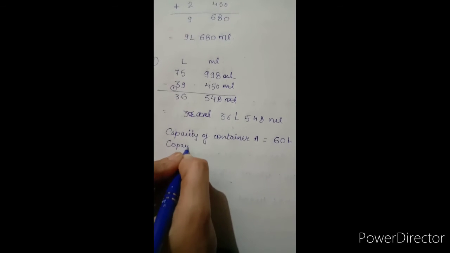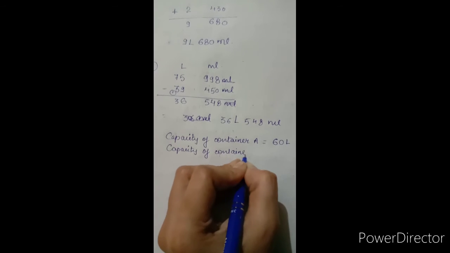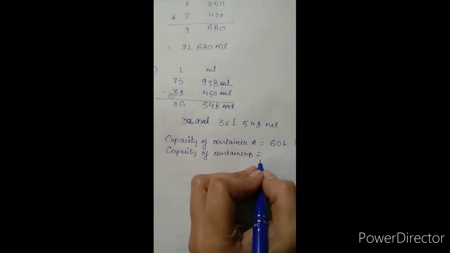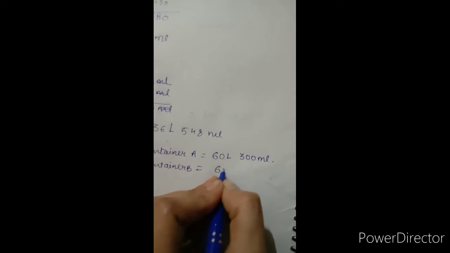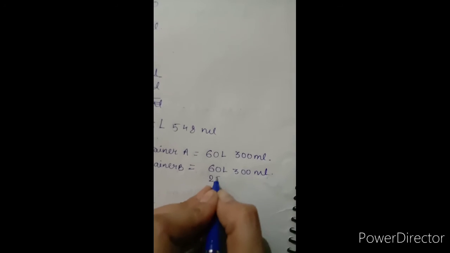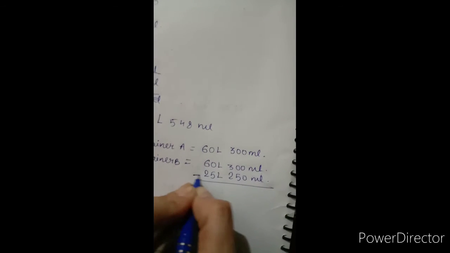After this, the capacity of container B. So we can see that container B has 25 liters 250 milliliters less water than container A. It means we subtract 25 liter and 250 milliliter from it and got 50 milliliters, and 10 minus 5, 5, carry 1, 6 minus 3, 3.